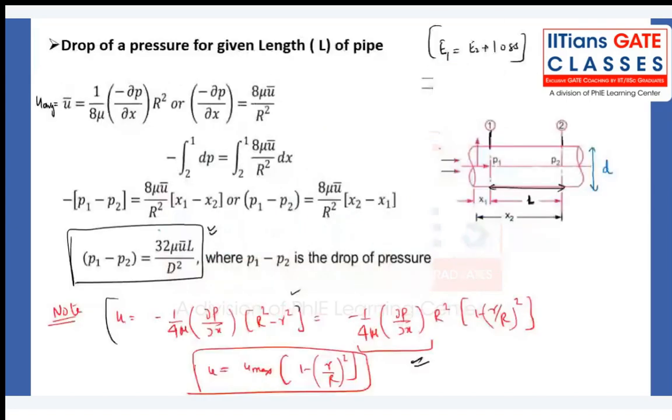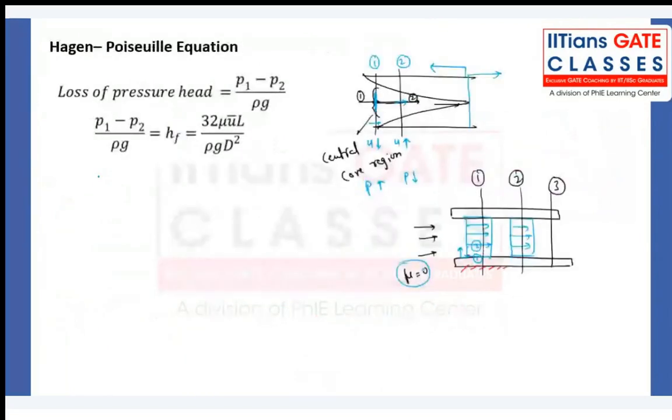This particular formula: P1 minus P2 equals 32 mu U average into L divided by D square. Once we are clear with this formula, try dividing by rho g. When you divide by rho g, you will get the head loss due to friction. Why are we dividing by rho g?